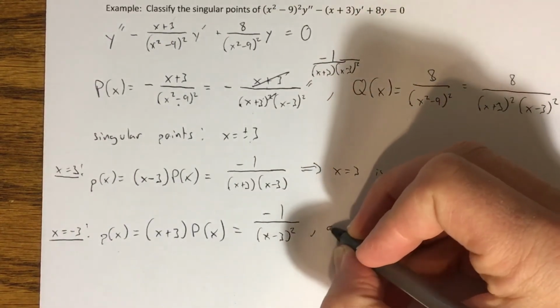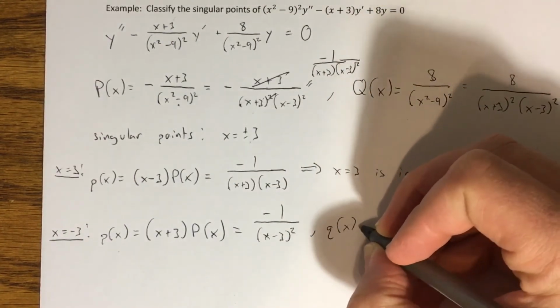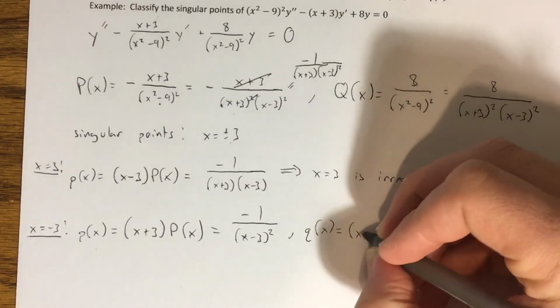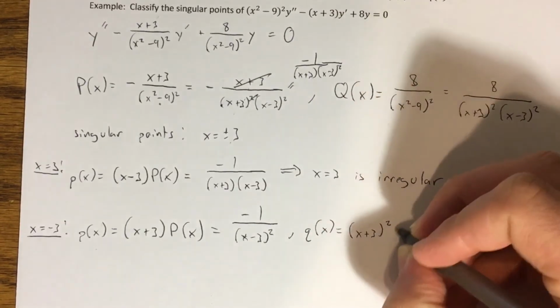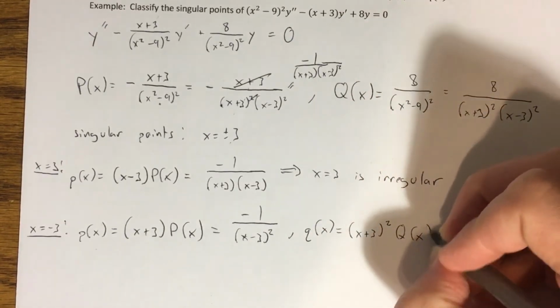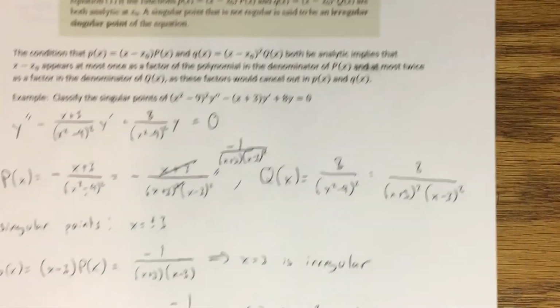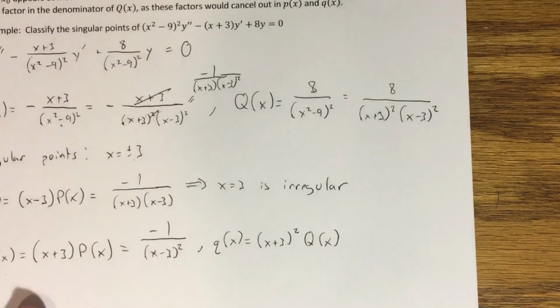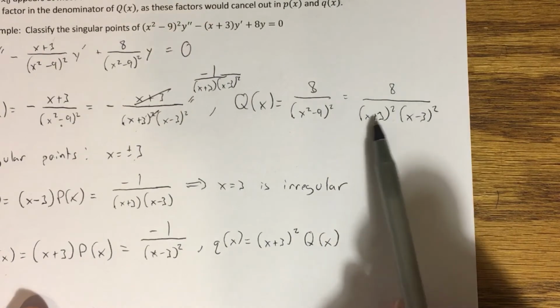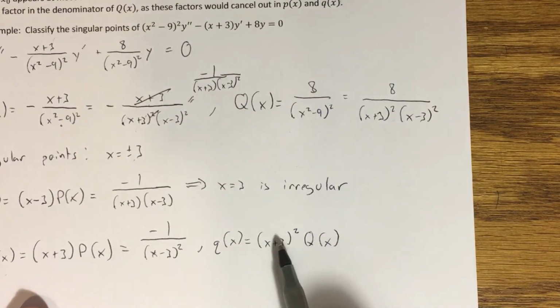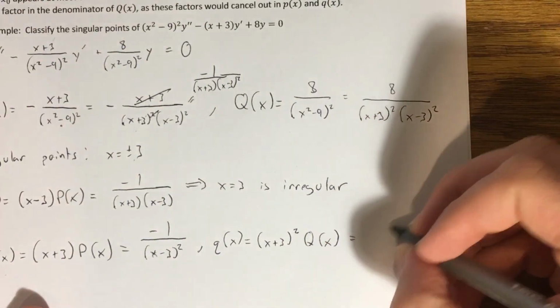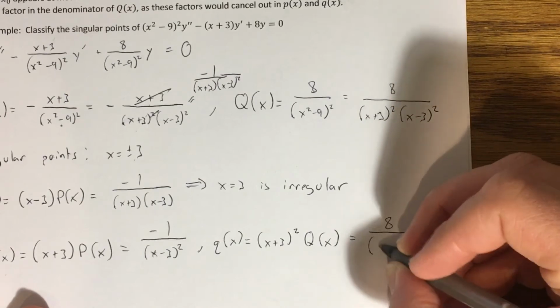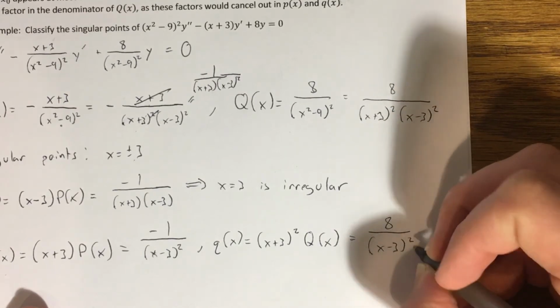We also need to check q of x. And for q of x, remember, we're taking x plus 3 and squaring it, then multiplying it to big Q of x. Now, here's big Q of x after simplifying, and you can see I have a factor of x plus 3 squared in there, which will cancel with that after doing that multiplication. I get 8 over x minus 3 quantity squared.